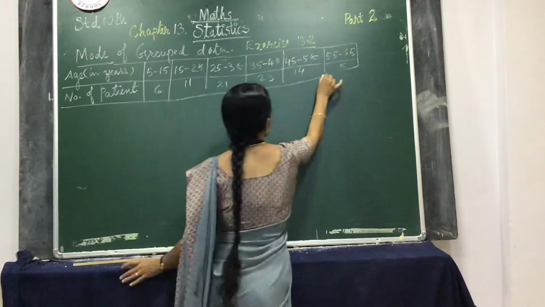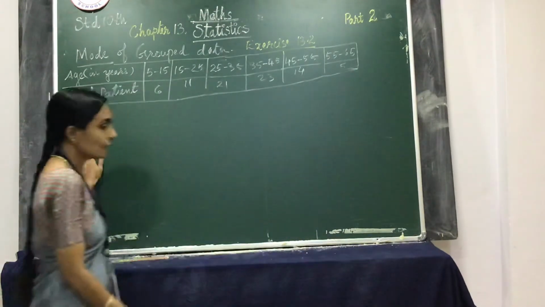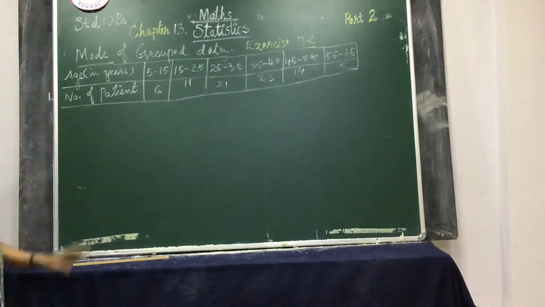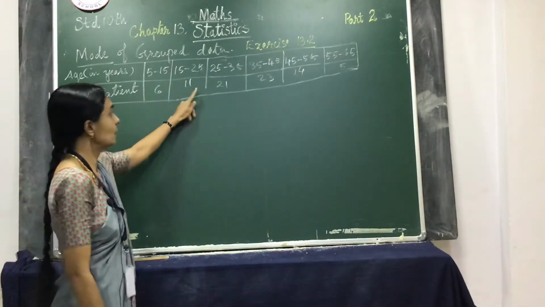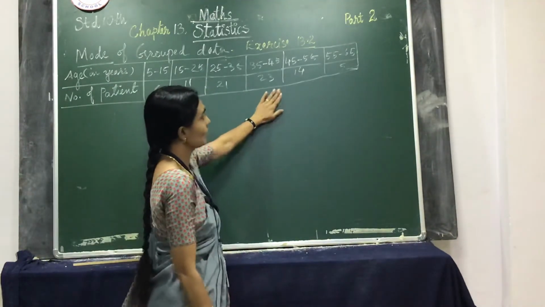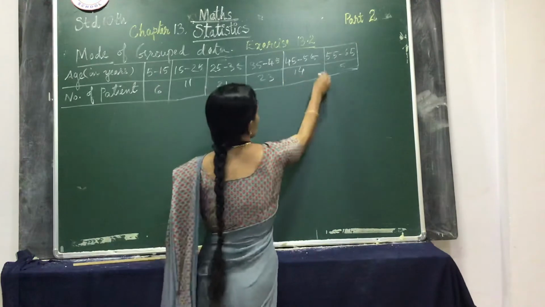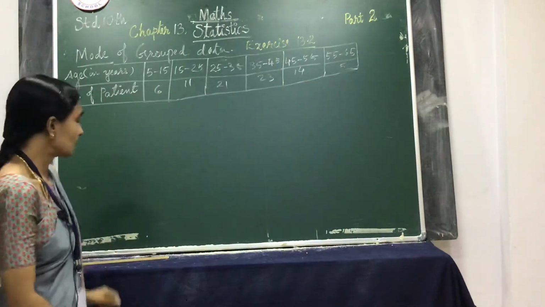The given data shows the number of patients admitted in a hospital and their age group. The class intervals given are 5 to 15, 15 to 25, 25 to 35, 35 to 45, 45 to 55 and 55 to 65. And from this, first we have to find the modal class.